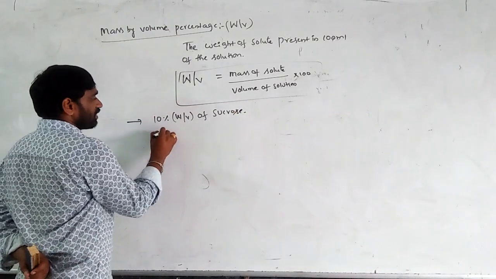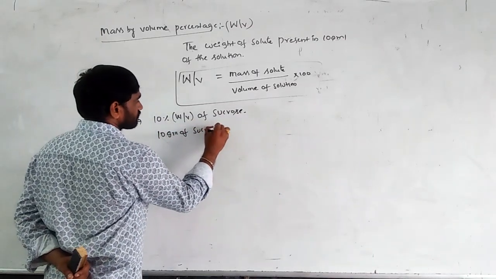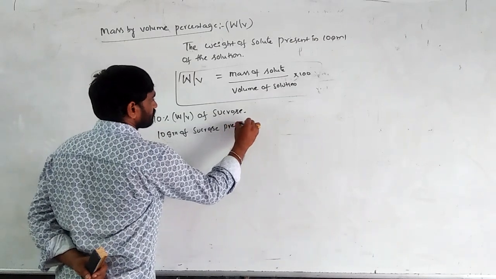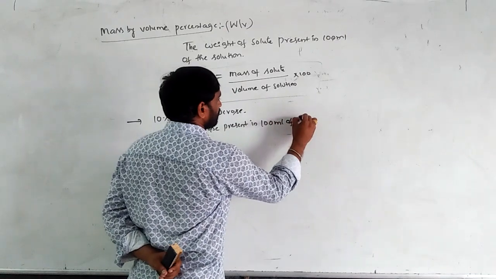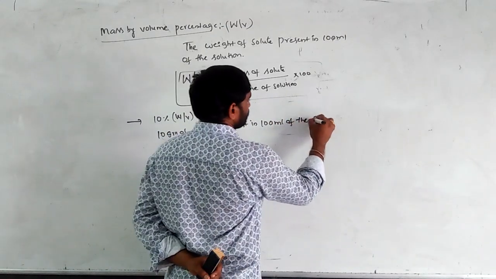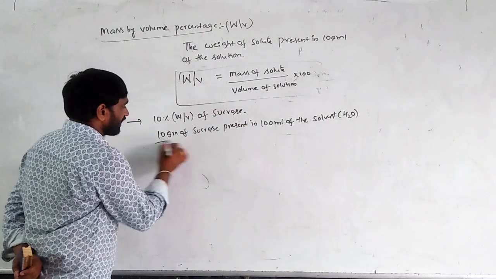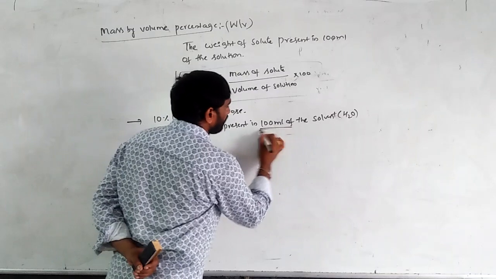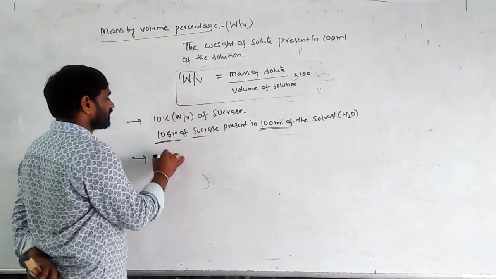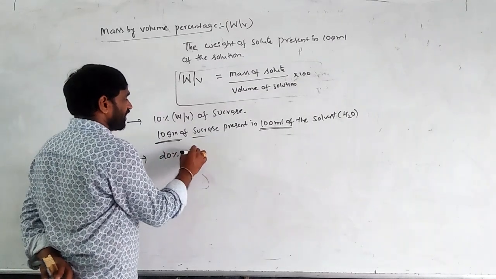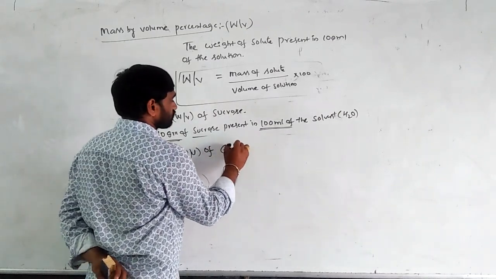It means 10 grams of sucrose present in 100 ml of the solvent. Solvent means what? 10 grams of sucrose present in 100 ml of the solvent. So here 20% weight by volume of glucose.